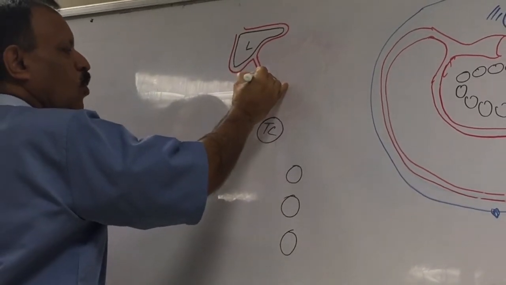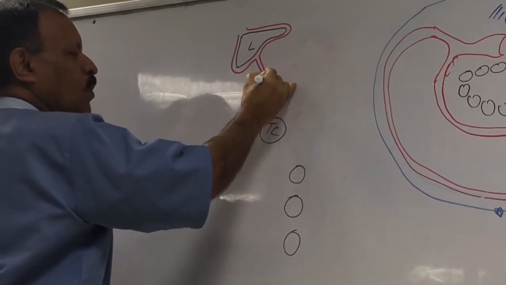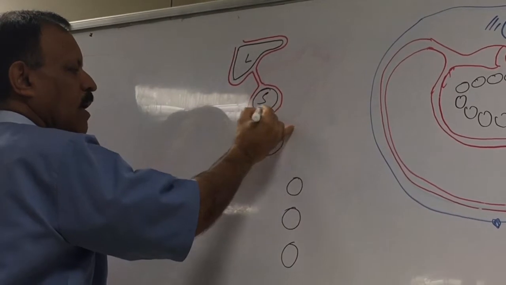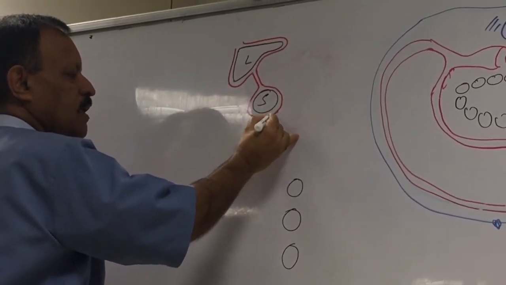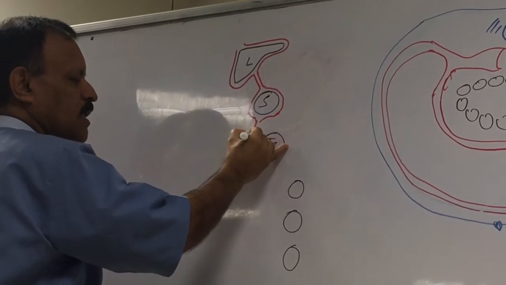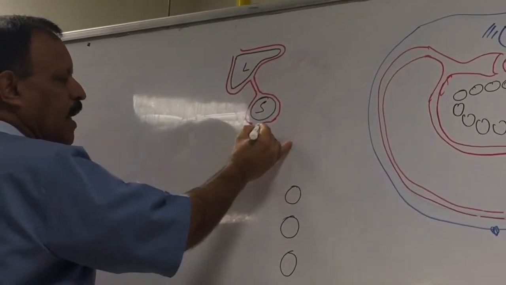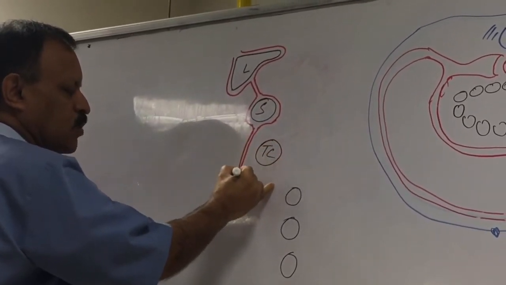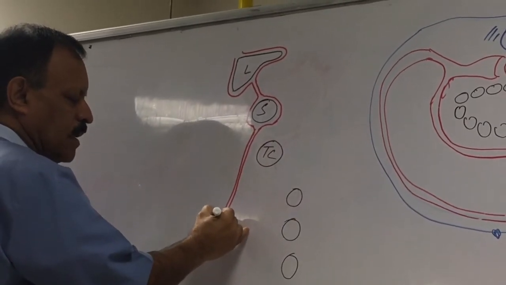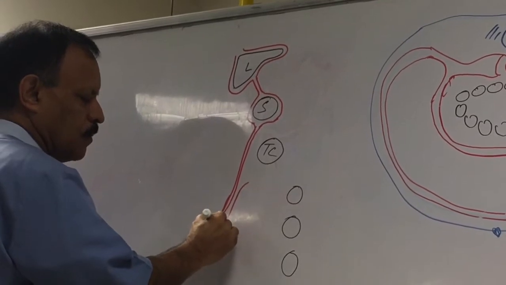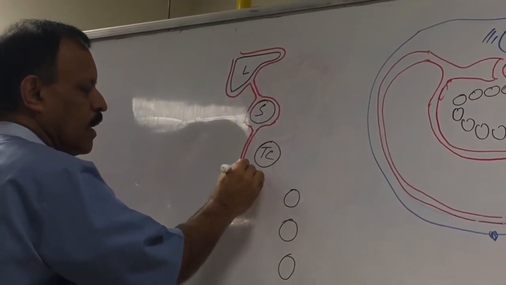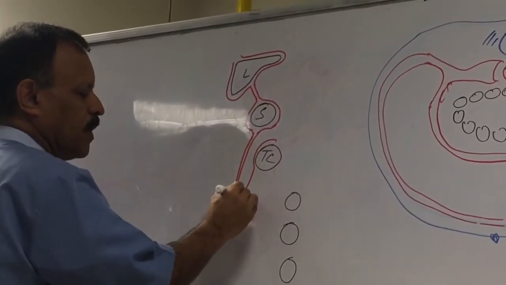Then it comes to the stomach to form a two layer of the peritoneum, which is called lesser omentum. Omentum, the word comes from the stomach. It's probably a Latin word. People use it, Latin or Greek word. My feeling is that it is a Latin word probably. Then it comes this way, hanging, and it goes back again, forming four layers instead of two layers.